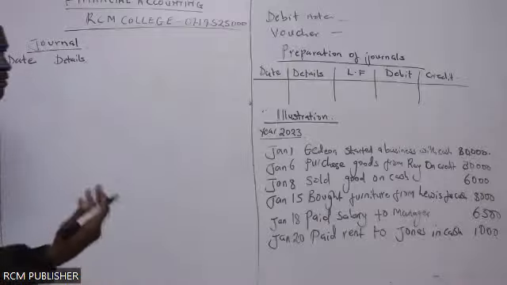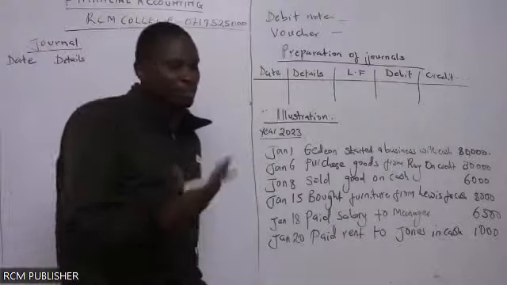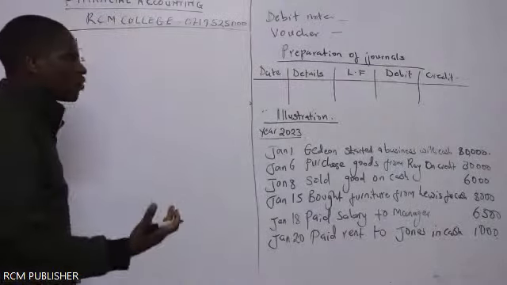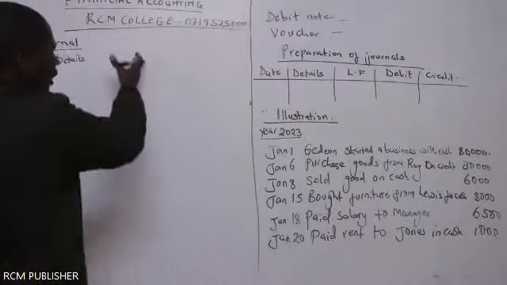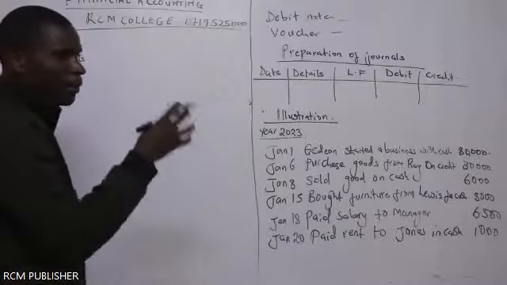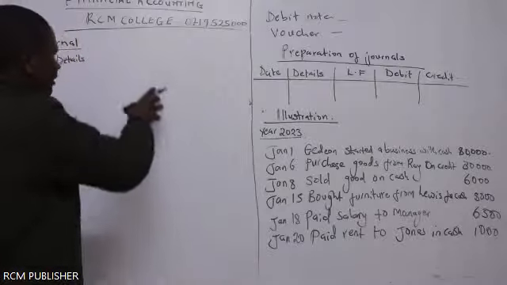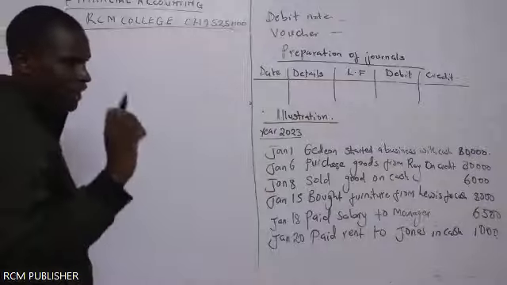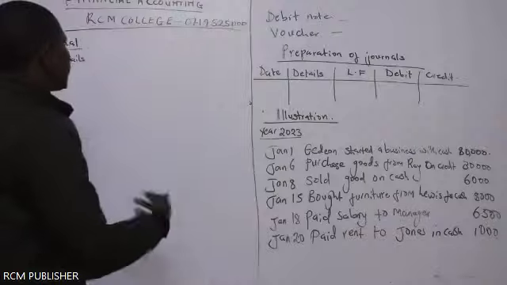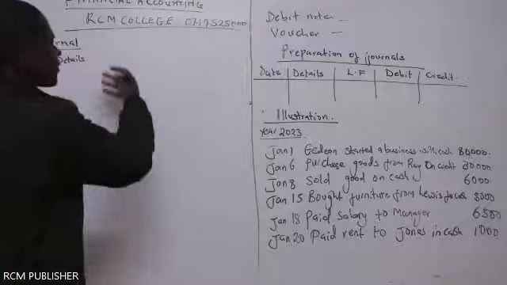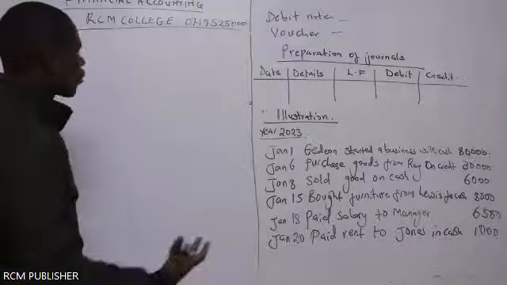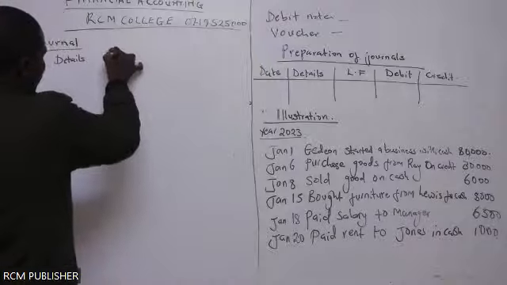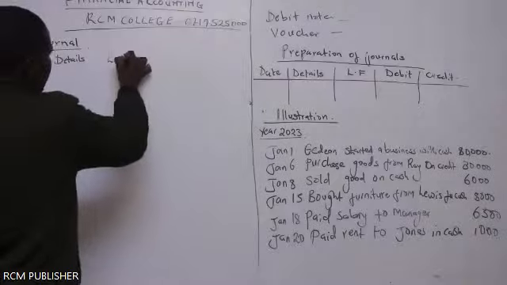In most cases, we don't write down the ledger folio, because the ledger folio is just indicated when posting the transaction. So even we can leave that because that column will have nothing. But for the sake of this format, let me just put it.